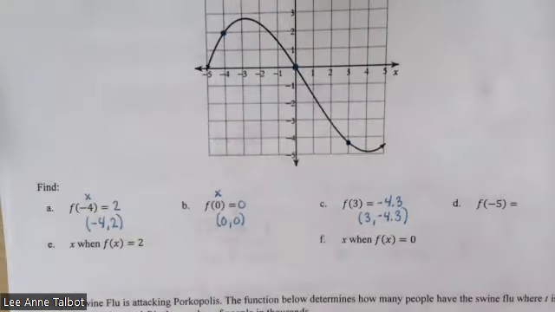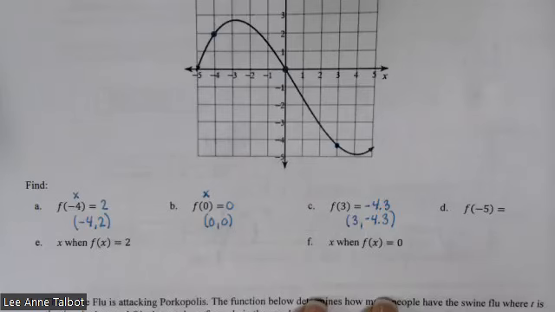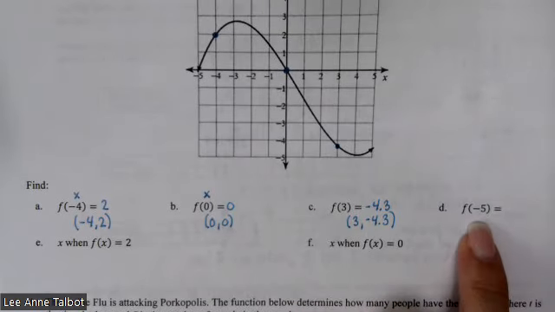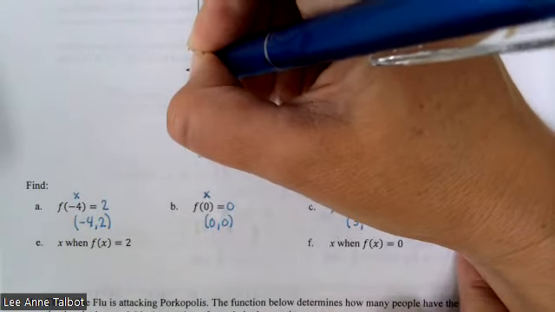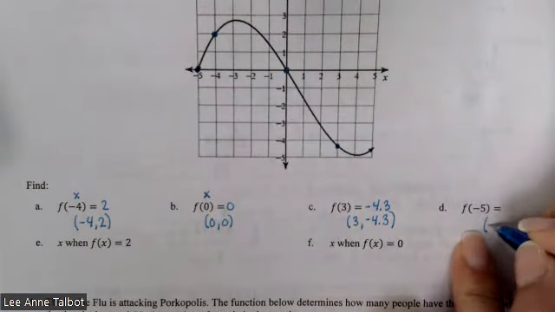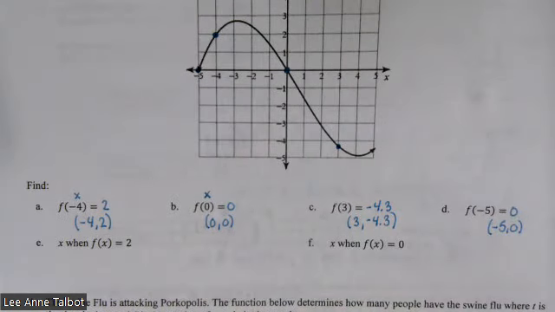So my answer is negative 4.3. Negative 5. That coordinate is negative 5, 0. So my answer is 0.